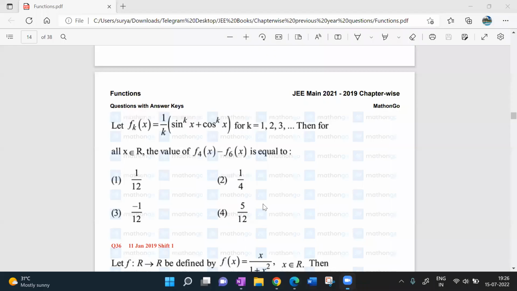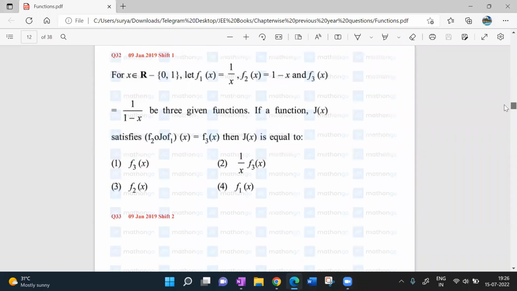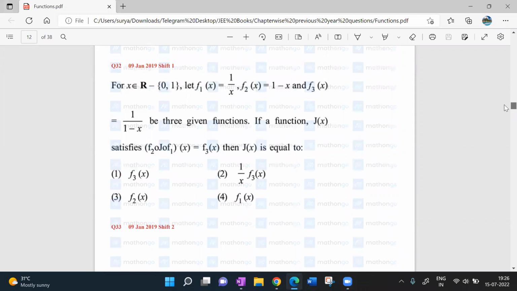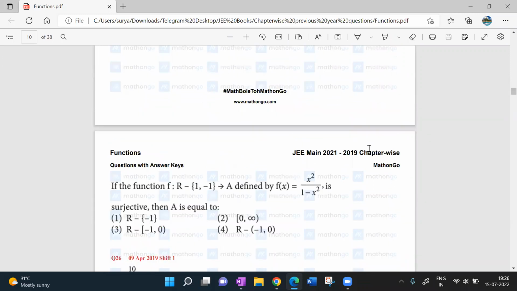Mohammed ji, Pravalika ji, are you guys solving or not? I'm asking you guys only. Yes, sir. I mean, solve at least, I'm not asking you to solve all the questions at a time. Are you making at least two, three, four, five questions every day? Are you doing at least that? Yes, sir.